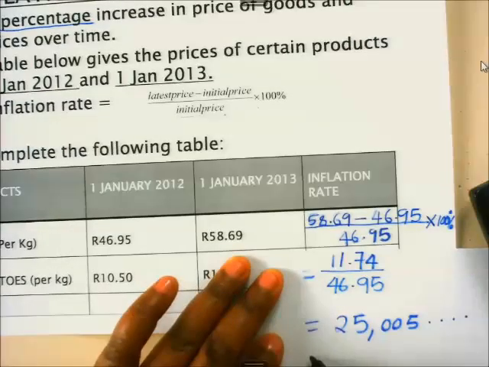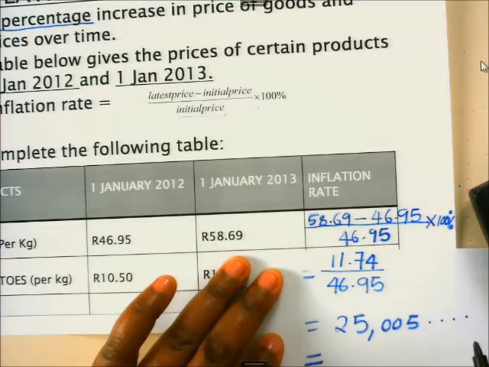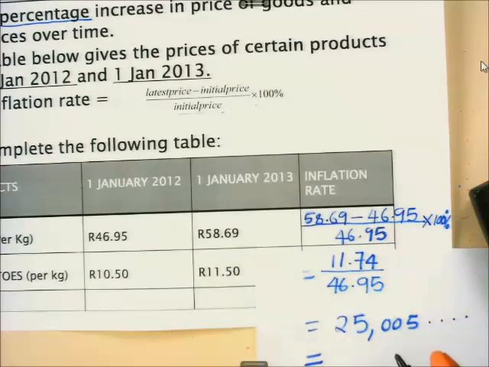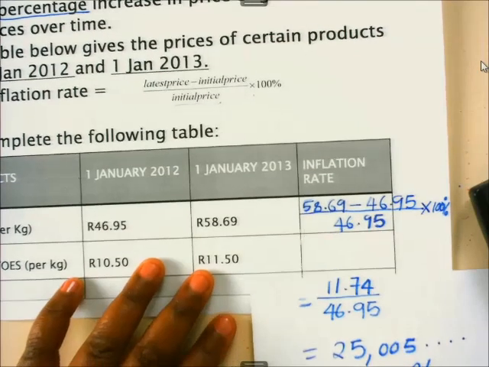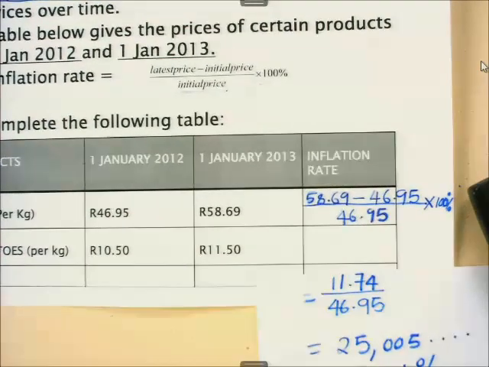We need now to round according to the instructions. So this number to 2 decimal places, we will end up with 25,01. And because we're calculating percentage, we end up now with 25,01%.